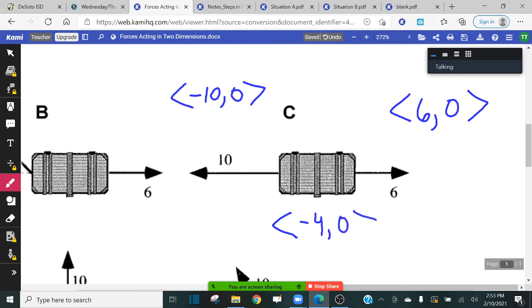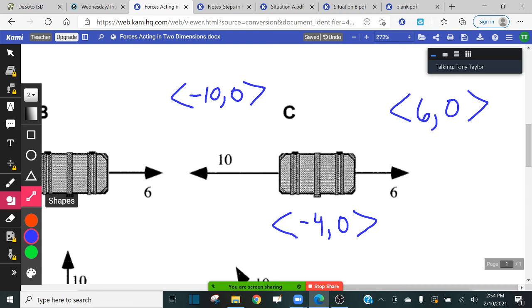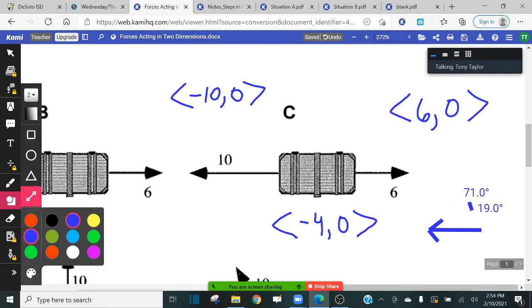Then you gotta do the Pythagorean theorem. Well, check this out. We don't even have to do that, because my only vector there is just -4, 0. So what is the magnitude of the vector? The magnitude is just 4.